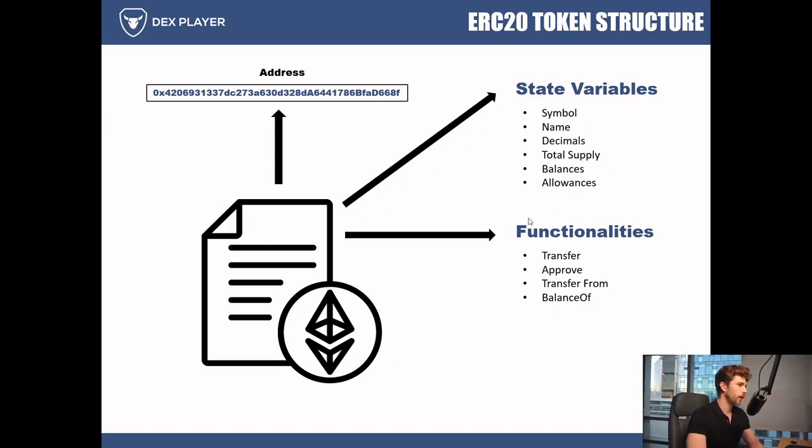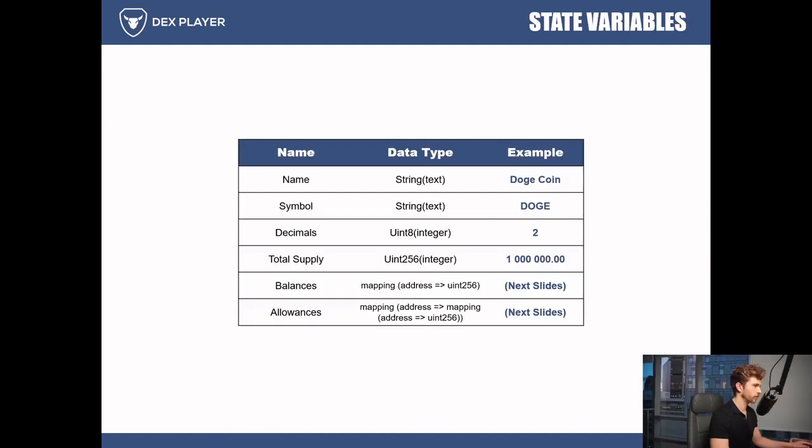For the functionalities, you have the transfer function, the approve function, the TransferFrom function, and the balanceOf function. Also, the ERC20 token will have an address on the blockchain, which is represented by this hexadecimal number here.